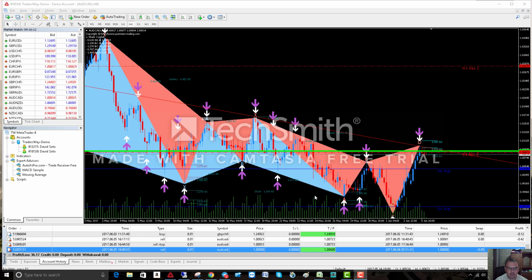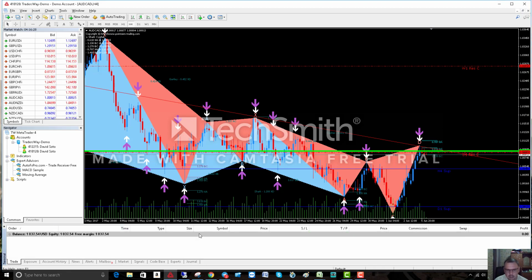Now, I have a trade here for AUDCAD, and it is a swing signal I posted earlier. The trade is already executed and closed, but I'll show you what I did.